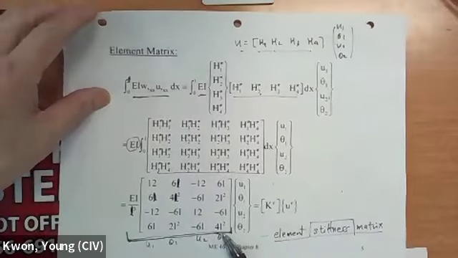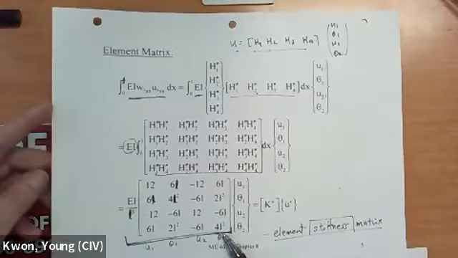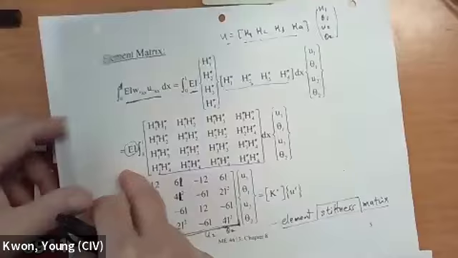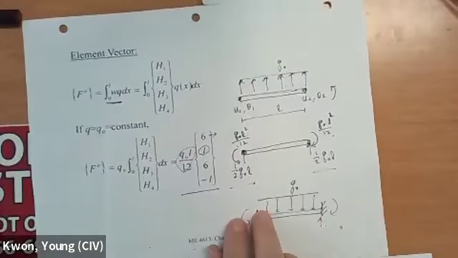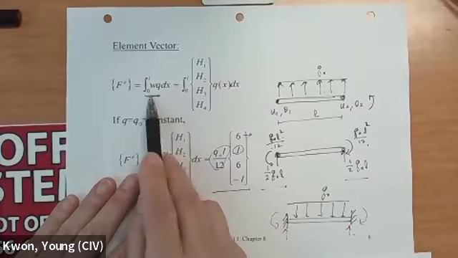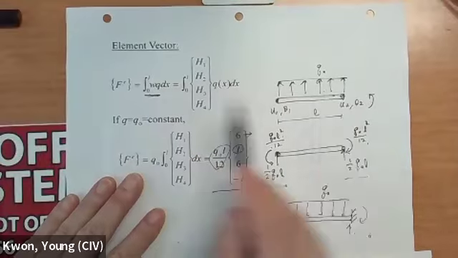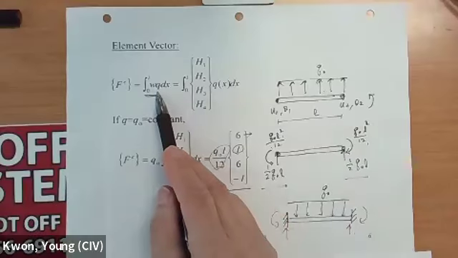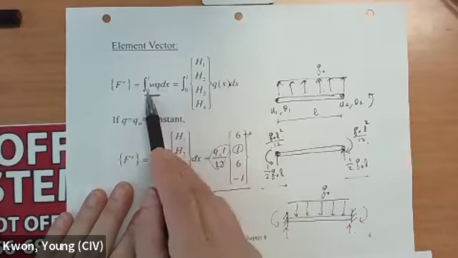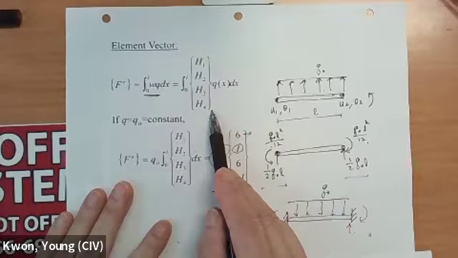So you can calculate this over and over for every element. Even if the element length is different from one element to the other, it doesn't matter. But the loading function, Q, is going to be the applied load. If Q equals 0, then of course there is nothing to do, but otherwise you have to evaluate that. W is going to be the same as the shape function in Galerkin's technique.